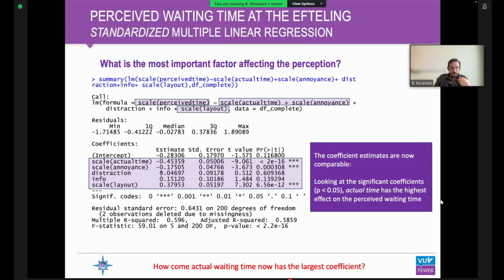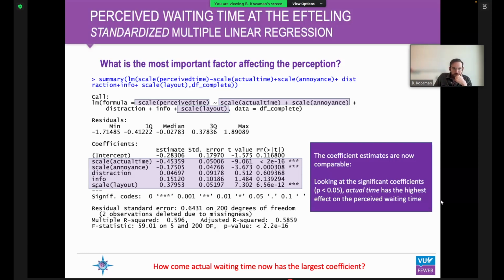If you increase annoyance by 1 standard deviation, the perception of the waiting time decreases by 0.17 standard deviation. So this decrease and increase is related to the sign, as we know. But in terms of which variable is the most important, we are interested in the size of the effect, not necessarily the direction of the effect.